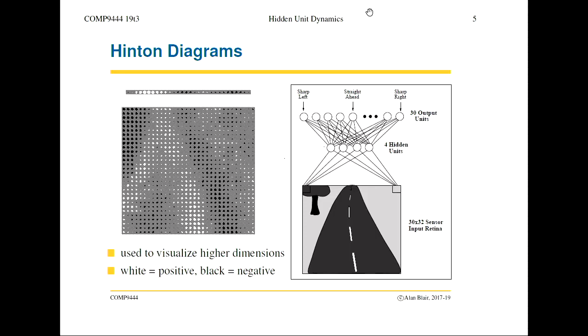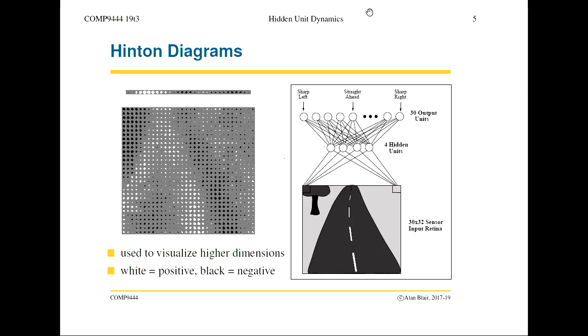Each blob here represents the weight from one input to that hidden unit. I think the white dots are positive numbers and the black dots are negative numbers. So you can kind of get an idea what sort of image this hidden node would respond most strongly to.